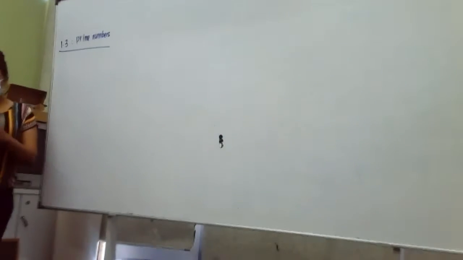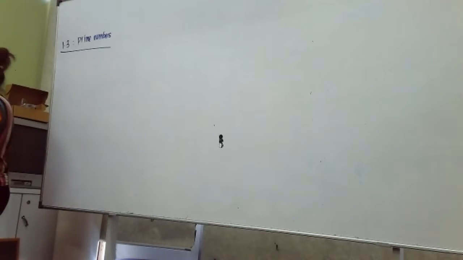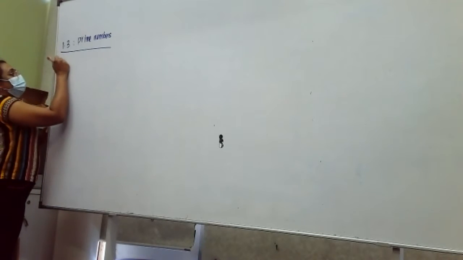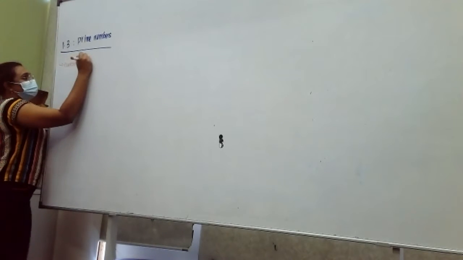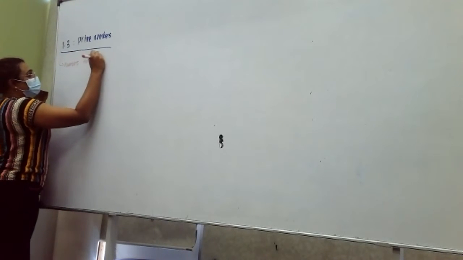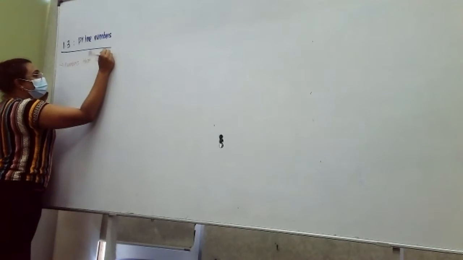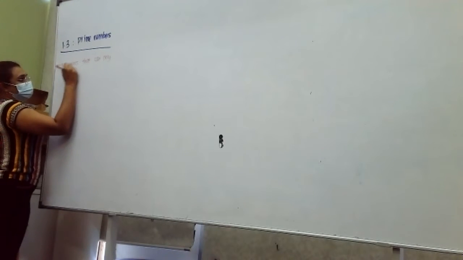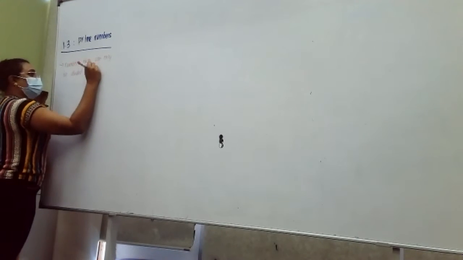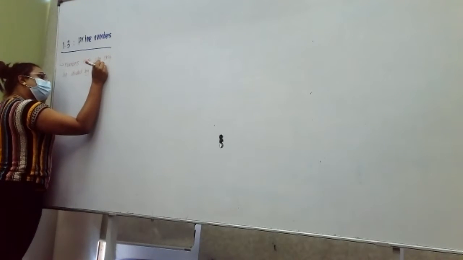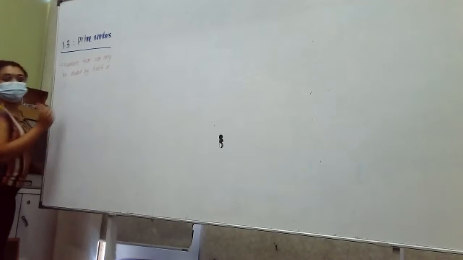Okay, yesterday when we learned in 1.1, what are the different types of numbers? We had prime numbers. So what was the definition? Prime numbers are numbers that can only be divided by itself or 1.